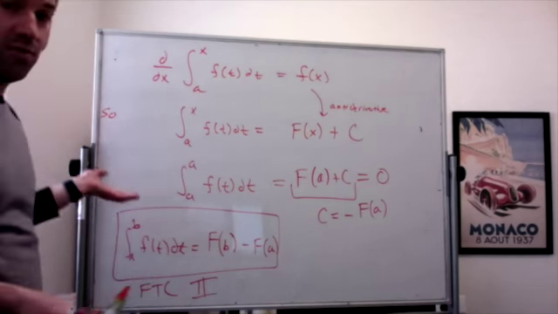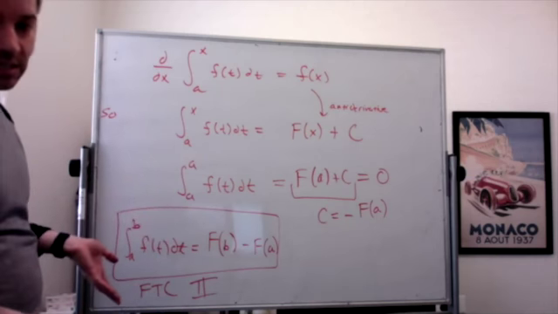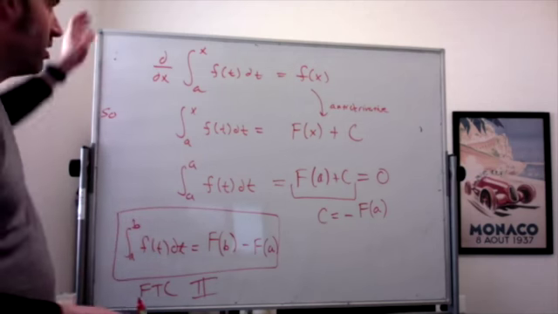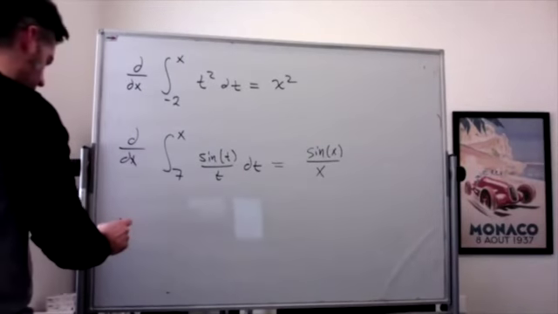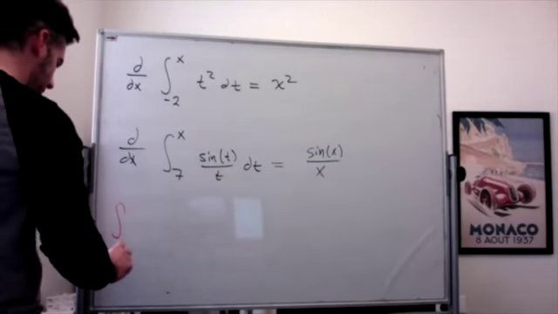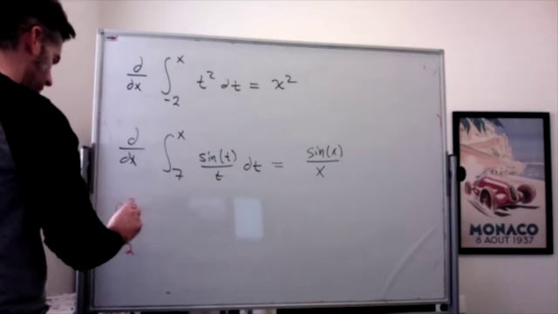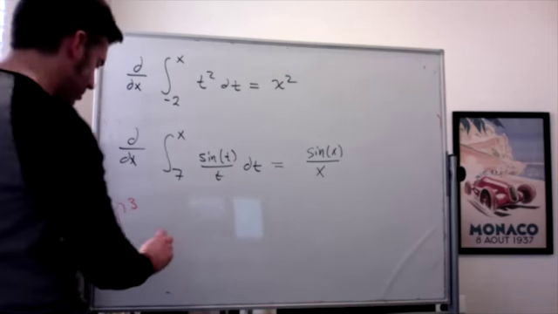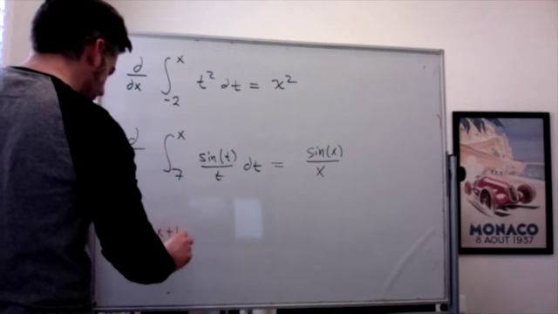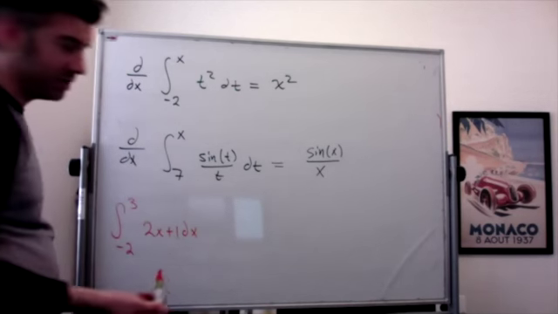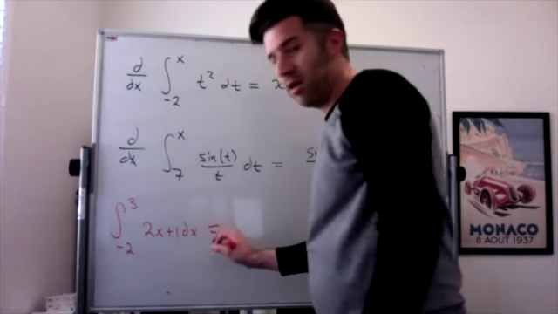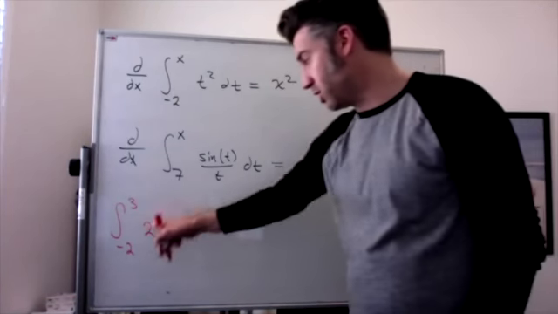So no more of this limit of craziness stuff or using area formulas. We can say that the integral, for example, from -2 to 3 of 2x plus 1, although we could use an area formula to find it because it's just triangles and rectangles, I can say, well, I know how to anti-differentiate this.